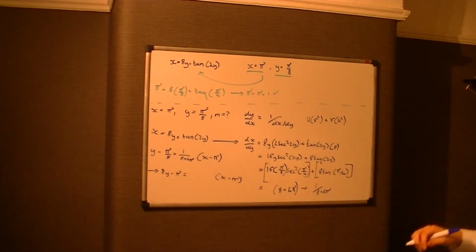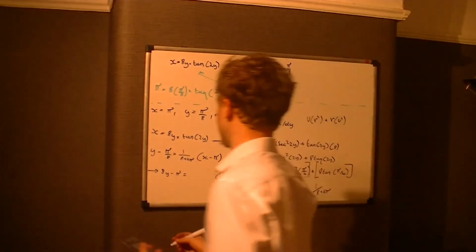Put that in your calculator before I make another mess of this. So that's 8 over 8 plus 4 pi. If you put that in your calculator you get a decimal thing, which is just meaningless.